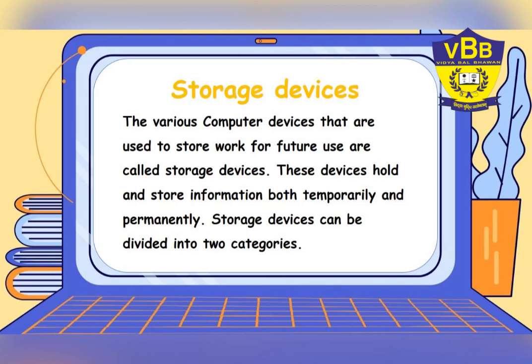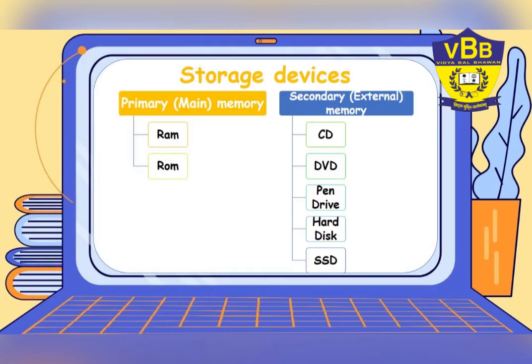These devices hold and store information temporarily and permanently as well, because sometimes when we work on a computer and don't save the file, that time our memory is temporary, and when we save the file in our computer, it is known as permanent memory.